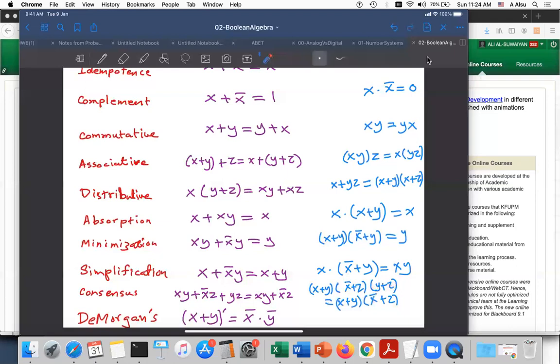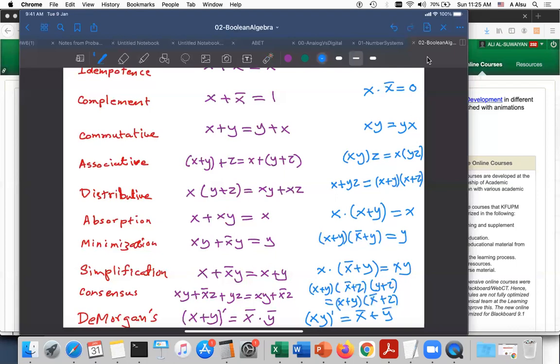Okay, now for De Morgan's law, you have x ORed with y, and then you take the complement, which is equal to x complement ANDed with y complement. So what is the dual of that? The dual of that is the complement of xy is equal to x complement ORed with y complement.